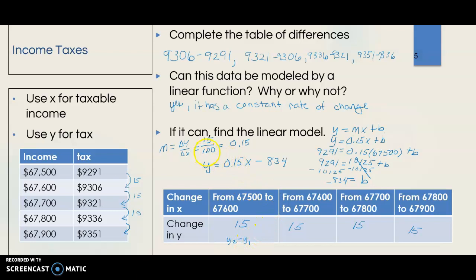And then to find the actual slope, where we got this 100, was from doing the x2 minus x1. And so really within this table, we were working with the slope formula. So seeing these constants allowed us to conclude that it would be linear and allowed us to find the actual slope for this data.